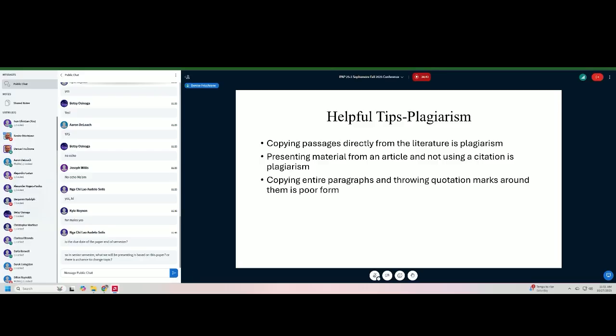Yes, senior semester, you're going to be presenting what's in this paper. You may change your topic, but I suggest you nail that down quickly and get it vetted and okayed, especially if you're having trouble finding research.